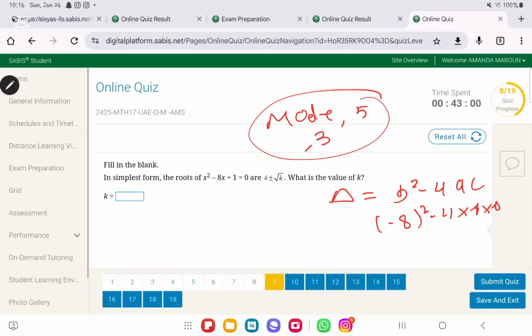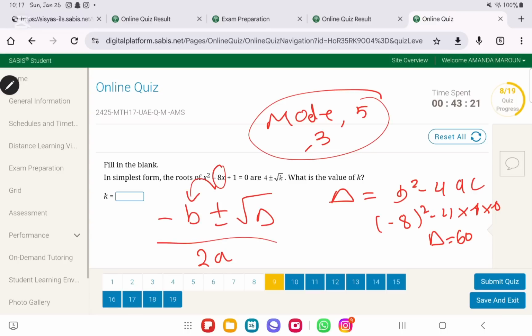So do it on the calculator. Minus 8 squared, please put the brackets. Minus 4 times 1 times 1, you are gonna get 60. So discriminant is equal to 60. Okay, then remember minus b plus or minus radical delta over 2a. Minus 8 will be here, so it becomes minus minus 8, which is 8, plus or minus radical 60 over 2, because a is 1.